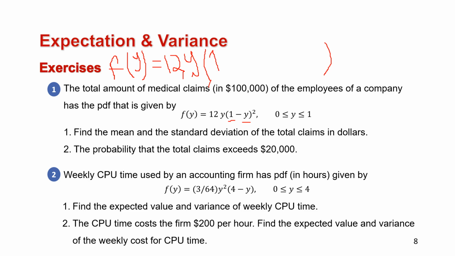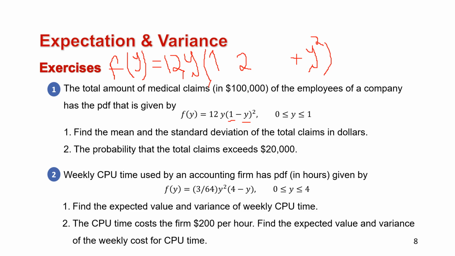Let's square the first term, which is 1, and then square the second term, which is negative 1 squared, it will be plus y square.